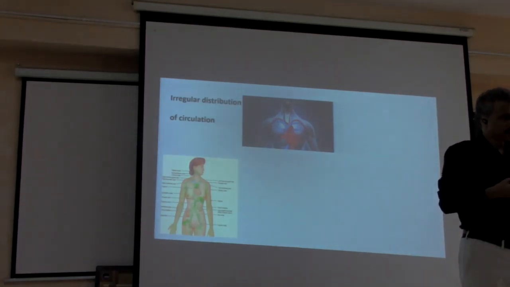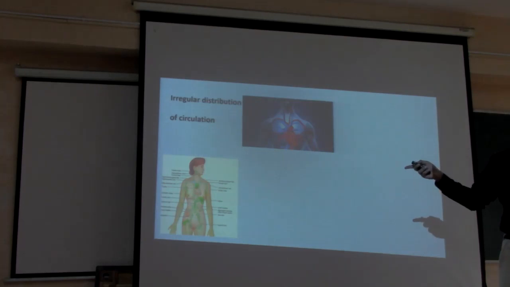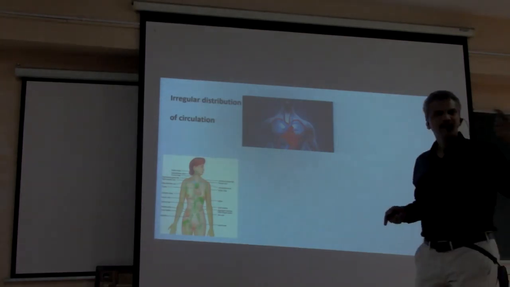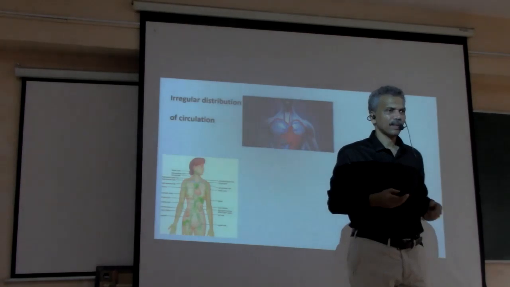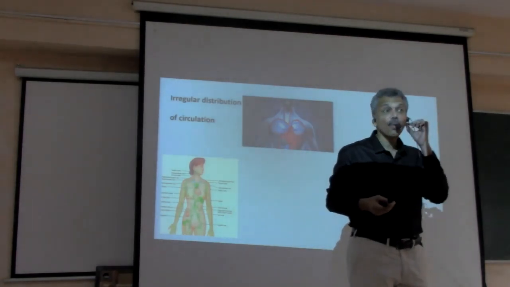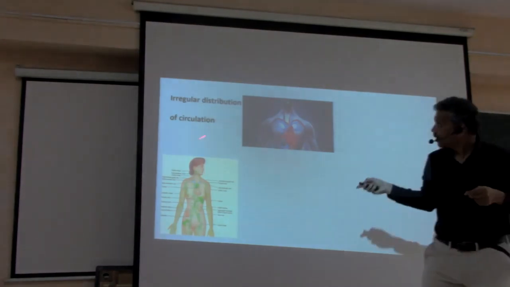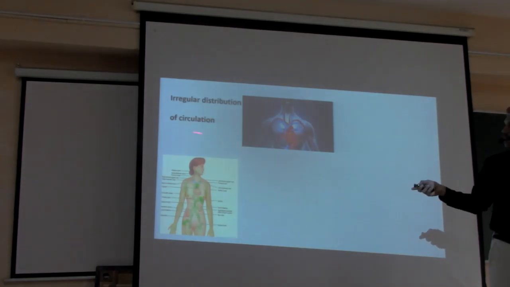So this remedy sulfur is acting on the circulatory system and it is causing irregular distribution of circulation. See, tomorrow when I tell you sulfur has warm arms, sulfur has red lips, sulfur has warm ears, all these things will be because of its action on the circulation causing irregular distribution of circulation.